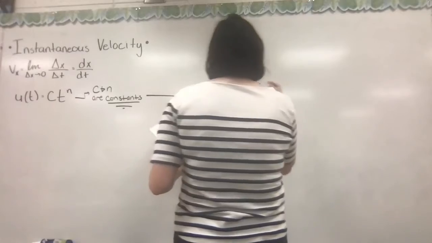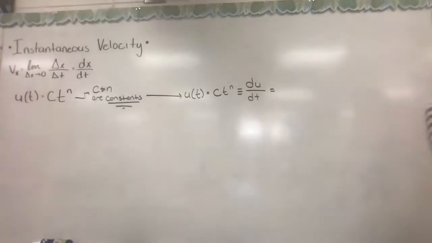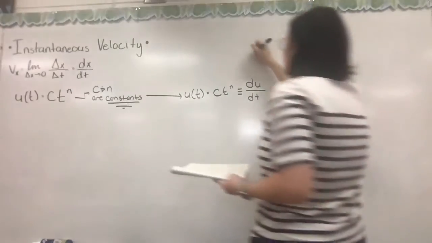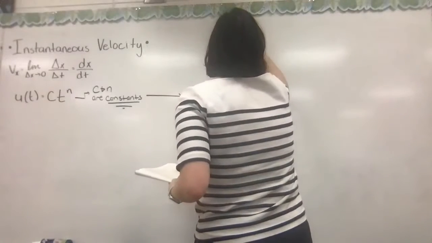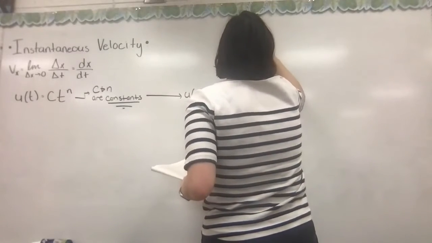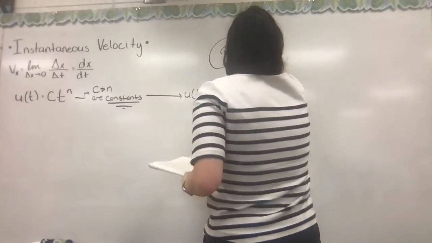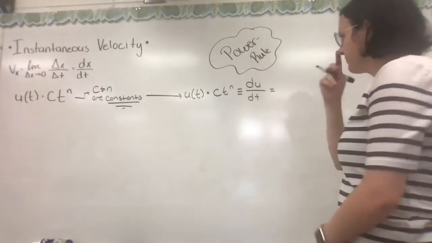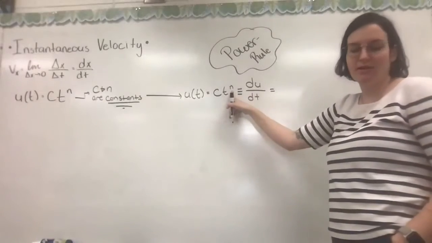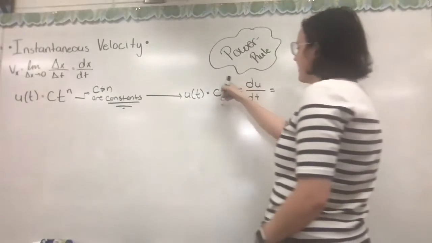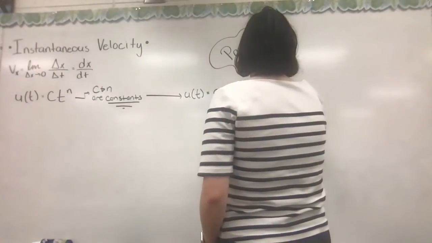Now, the way you take a derivative, this is called the power rule, which is honestly pretty much all we use in physics, is this. Okay, you guys watch. We take the n, and we bring it down in front of the other constant.